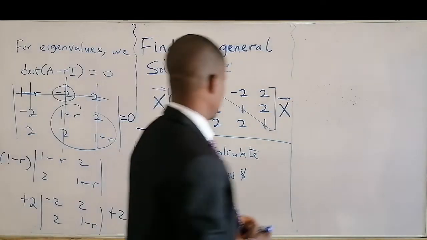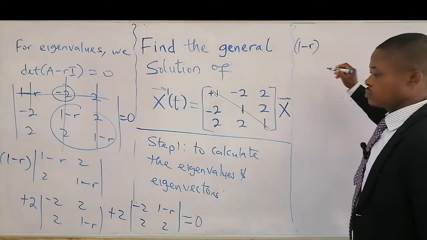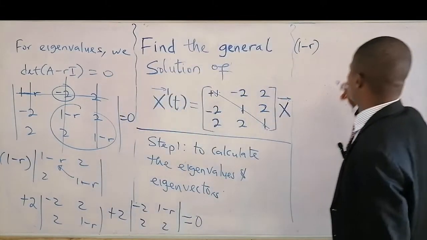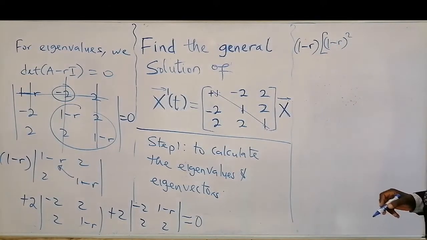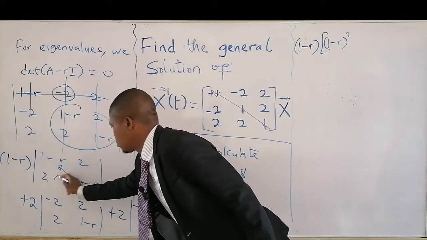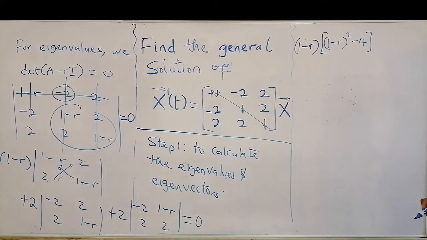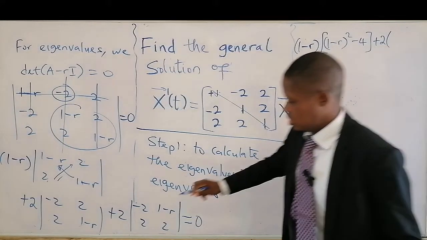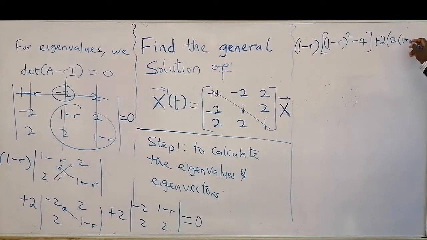So we now have 1 minus r, this one times this one, so we have 1 minus r squared, and then this times this, that's minus 4, you close that. Then the second one, plus 2 into brackets, this one times this, so that will be 2 into bracket 1 minus r, then minus 4.